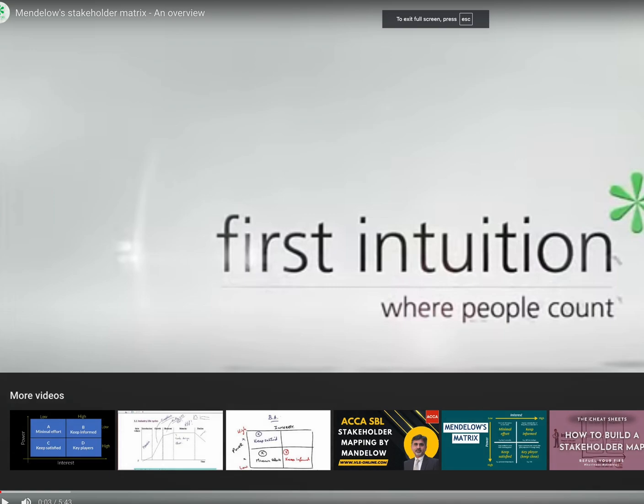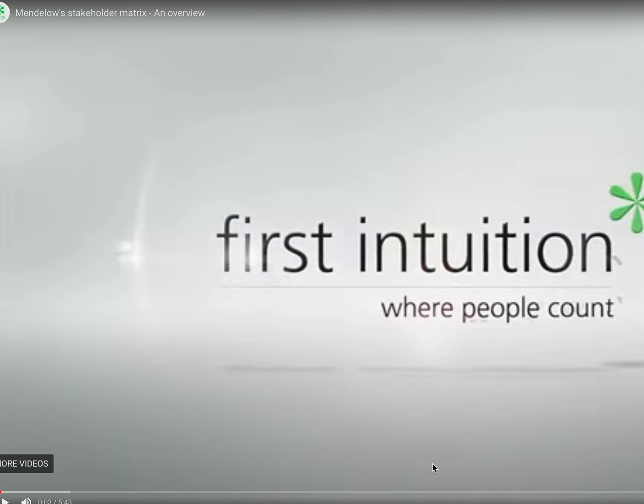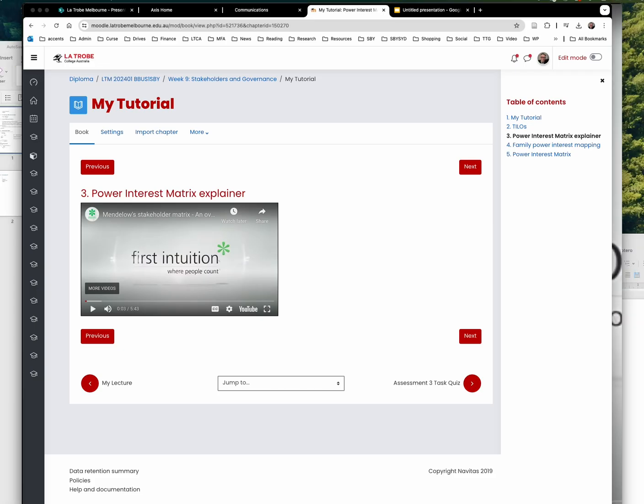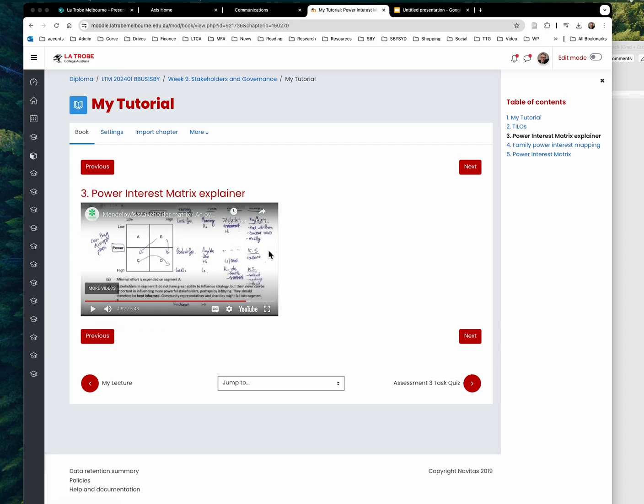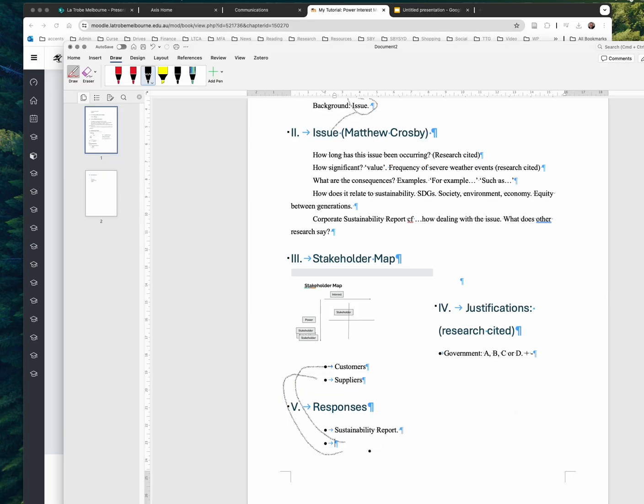Ouch, that's pretty loud. Sorry about that. Don't forget, I don't really want that like that. Anyway, it's over here. You see there are a whole bunch of different ways to describe responses. Well, that should be coming in here, and they will depend on where they are on your stakeholder map.